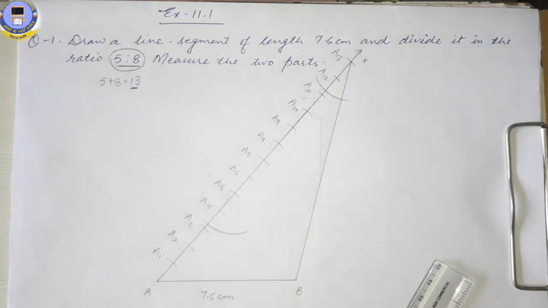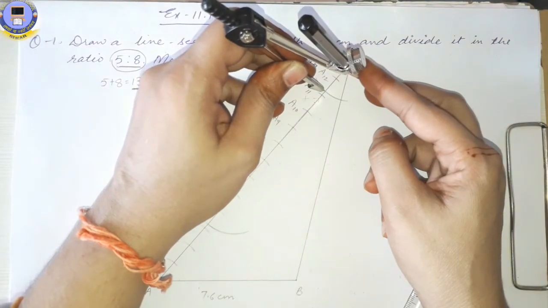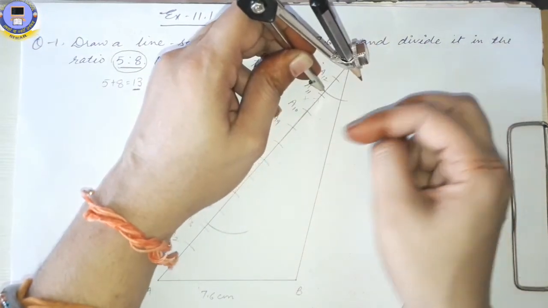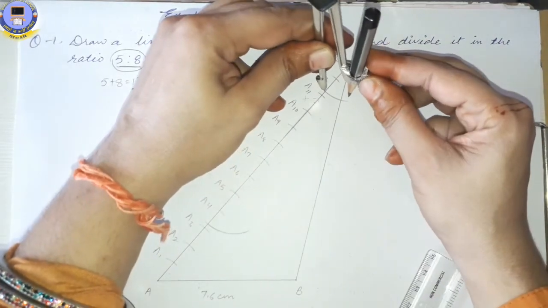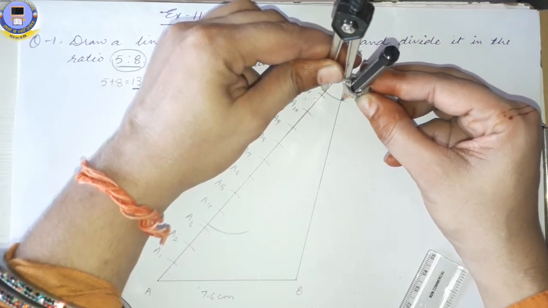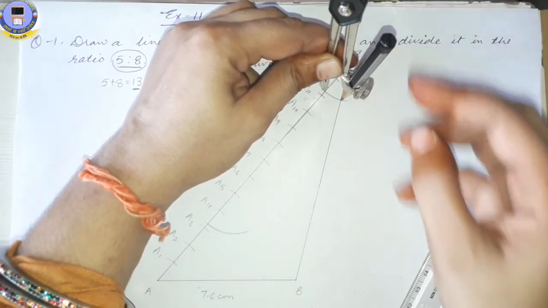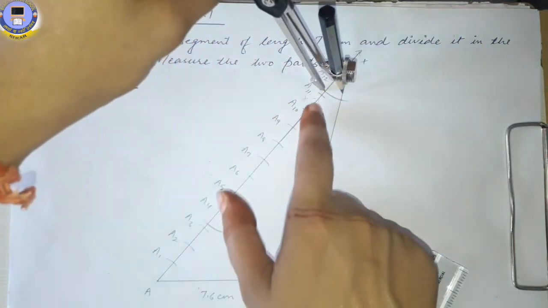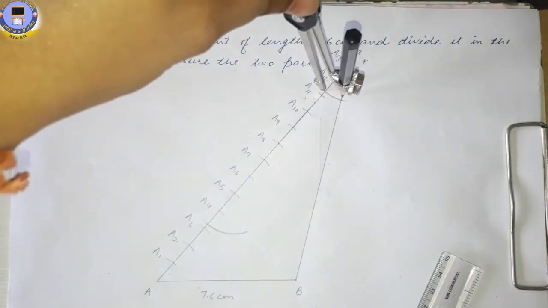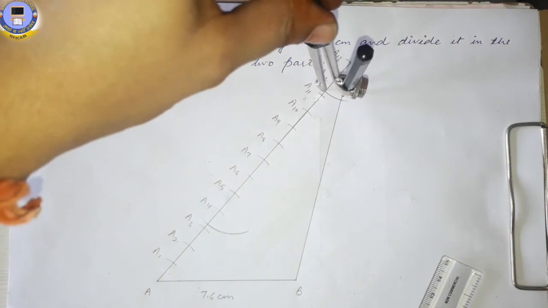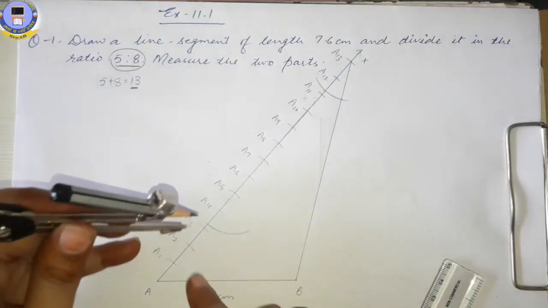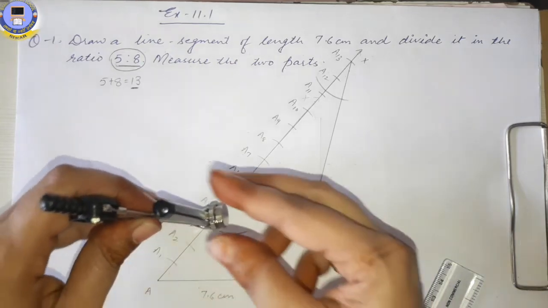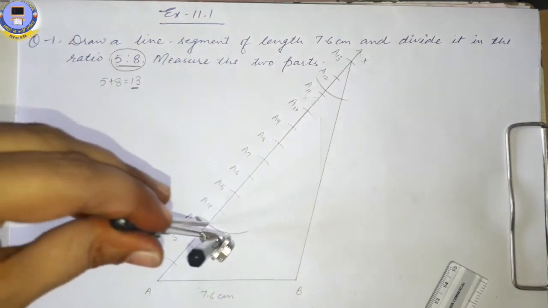Now measure this angle, keeping compass pointer at this new arc, and measure this angle with the help of compass only. I have kept my compass pointer here and I have opened my compass up to this angle. Now with the same radius you have to keep this compass pointer at this new arc and cut an arc.